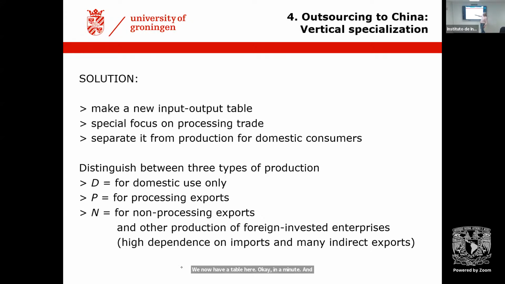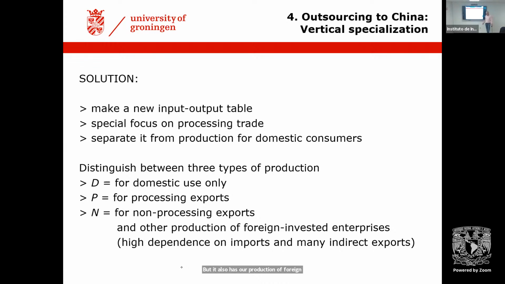We now have a table, which I will show you in a minute, that distinguishes three types of production. The first type is for domestic use only: hardly any imports, a lot of domestic intermediate inputs. Then processing exports, which we have discussed, depend a lot on imports and partly on domestic intermediate inputs. And we have an intermediate category. This category has the non-processing, ordinary exports, but it also has other production of foreign invested enterprises.